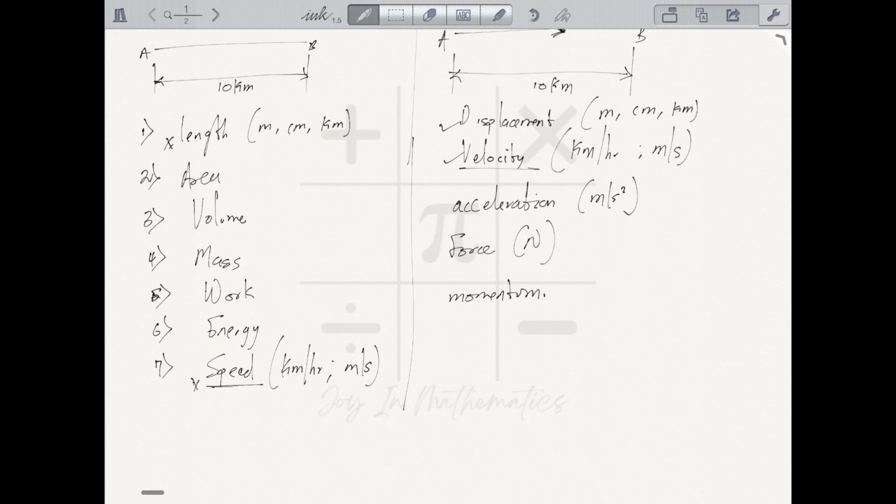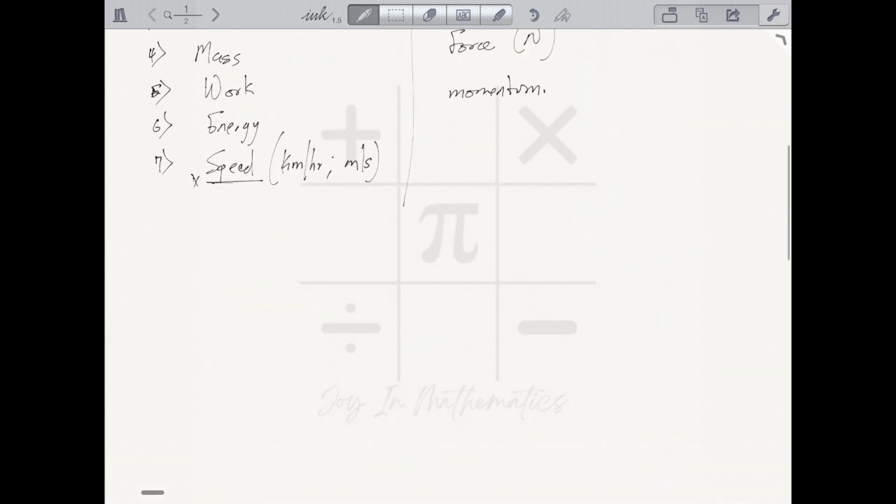Now, what are the types of vectors? If we have examples of vectors, what therefore are the types of vectors? Now, in this case, we have so many types of vectors. We can have position vectors to start with, which will be our main focus. We can also have displacement vectors.